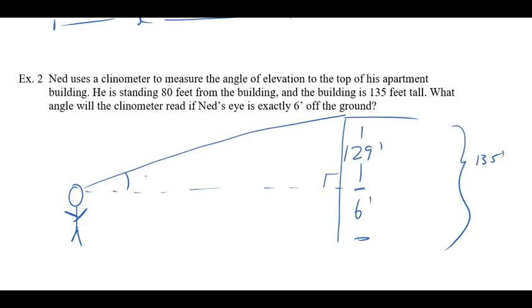In this case, you're finding the angle of elevation from his eye line to the top of the building. But you have to take that 6 feet into account. Not that often do you get questions like that, but they pop up here and there. Any questions?